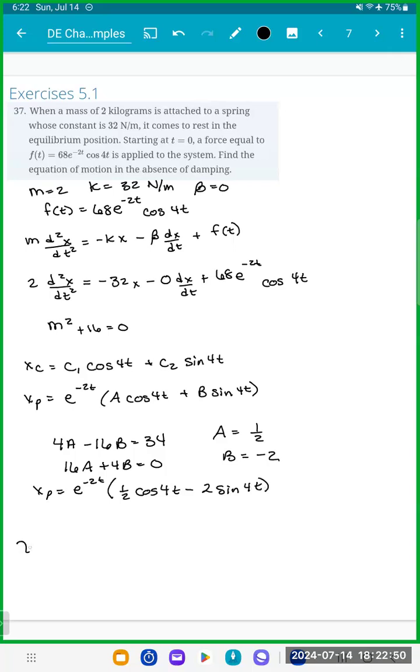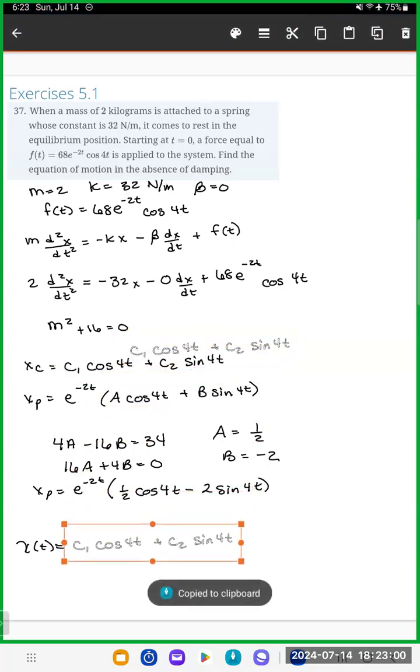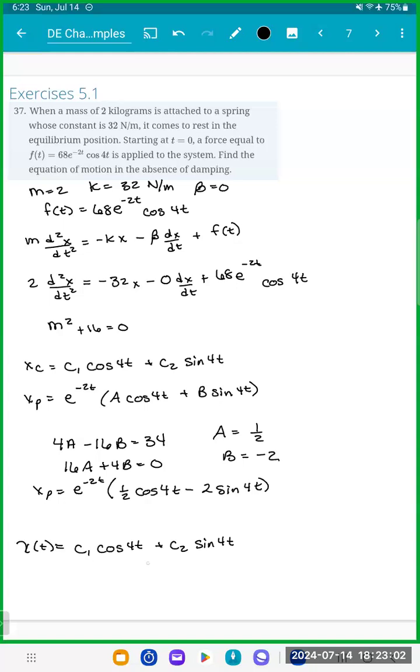Okay, so our overall equation, x of t, is going to be our x sub c function, right? But we know then what our C1 and C2 are, we can calculate this at negative 1/2, and we could have calculated this one at 9/4.